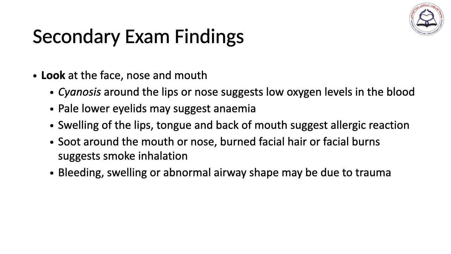Cyanosis around the lips and nose indicates low oxygen level. Pale lower eyelid may suggest anemia. Swelling of the lip, tongue, back of the mouth can suggest anaphylaxis and allergic reaction. Soot around the mouth or nose, burned facial hair or facial burns suggest smoke inhalation. Bleeding, swelling, or abnormal airway shape may be due to trauma.